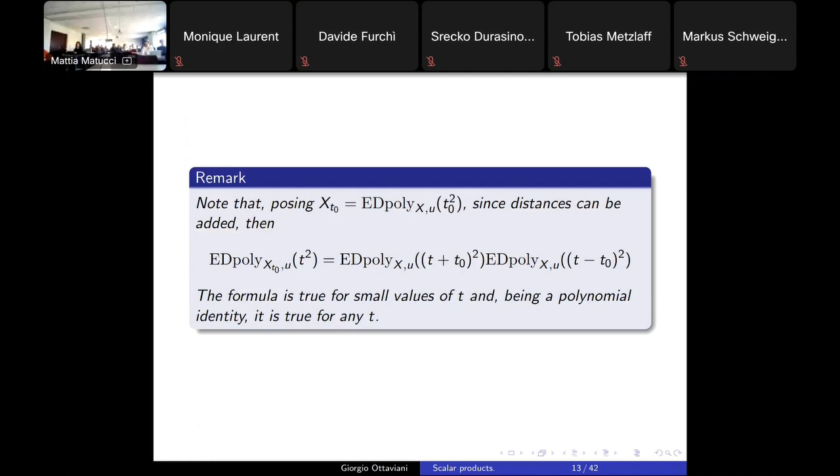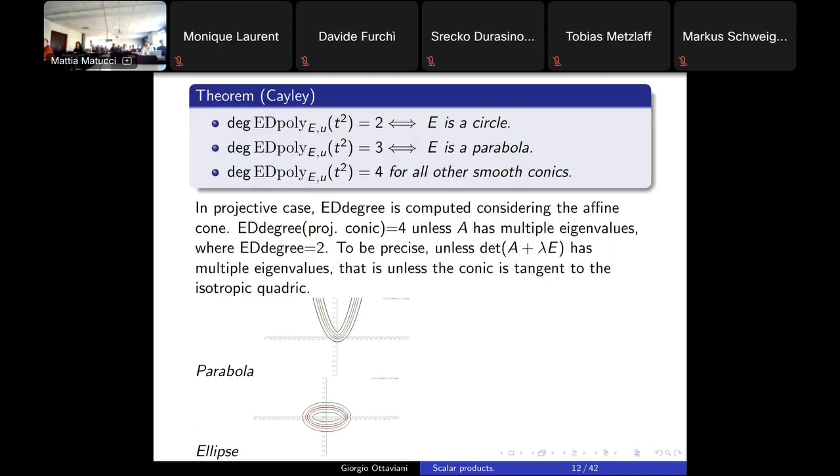Then I mention an effect which is interesting: locally, distance can be added, in the sense that if the distance between red and green is epsilon 1, and green and black is epsilon 2, then the distance between the first and the second is just the sum.